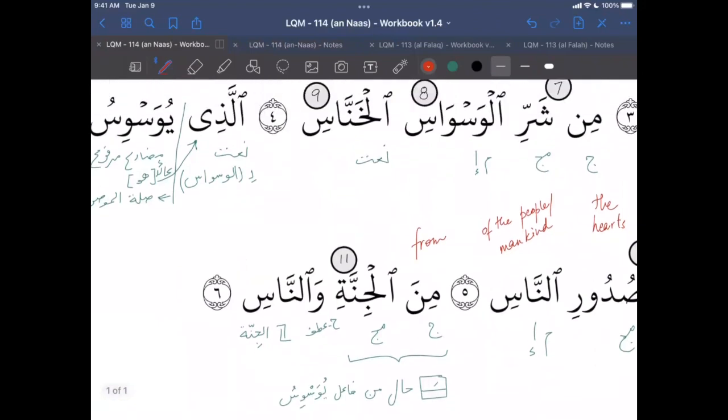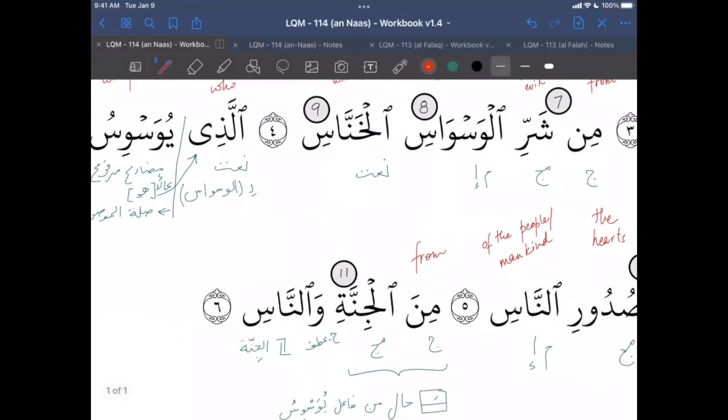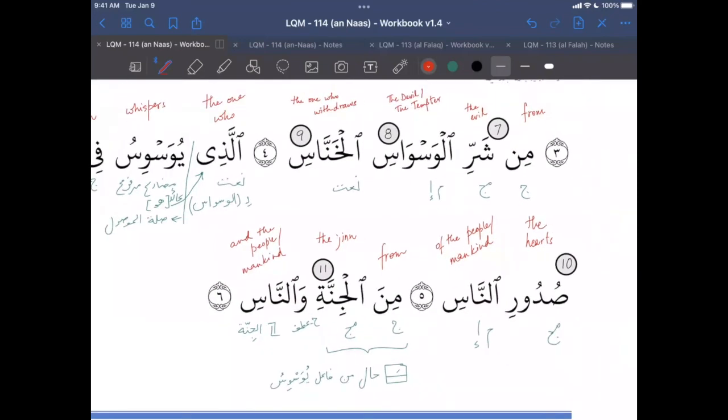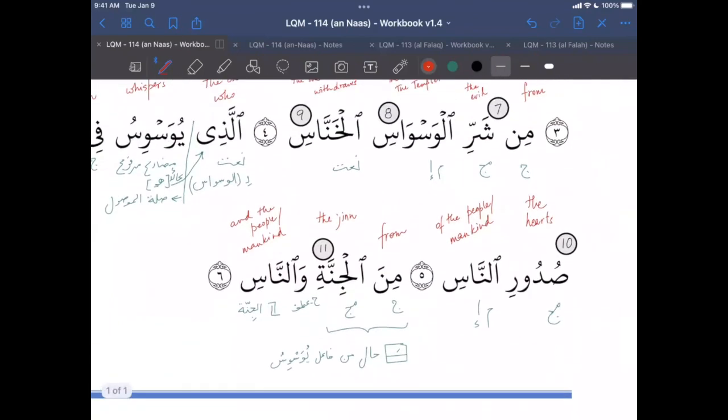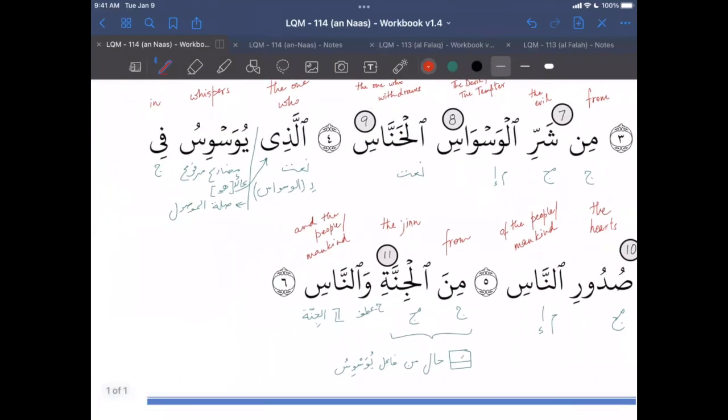So if we go now to minal jinnati wan-nas, from the jinn and the people, mankind. According to this analysis, this points back to the one who whispers, the one who yuwaswisu fi sudurin nas, the one who whispers in the hearts of the people.